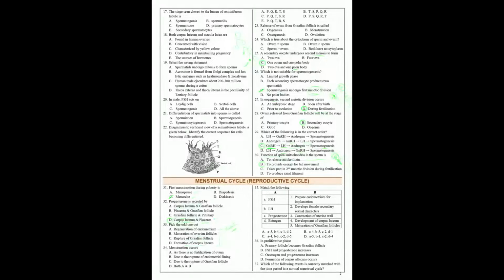Interesting. We need to think what is the odd one out here. Regeneration of endometrium will start developing after the estrogen production. When the ovarian follicle matures, then rupture of the Graafian follicle takes place, then formation of corpus luteum.